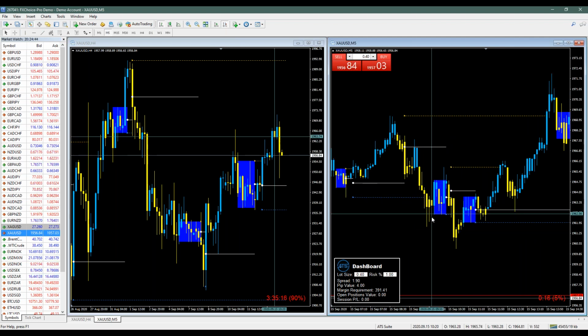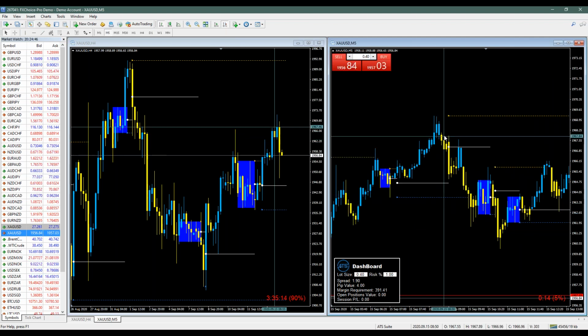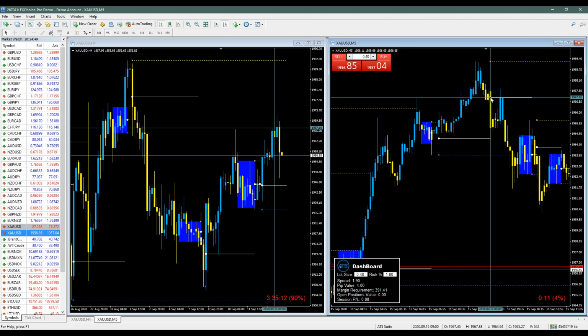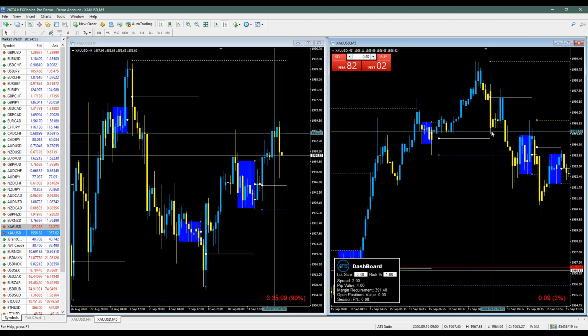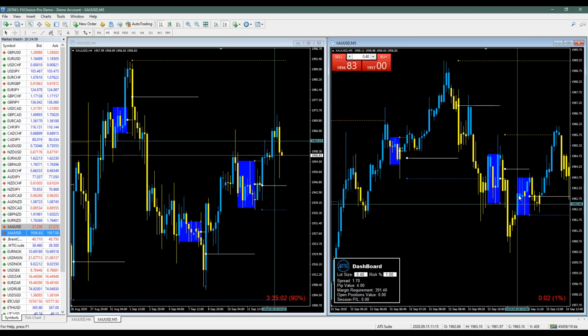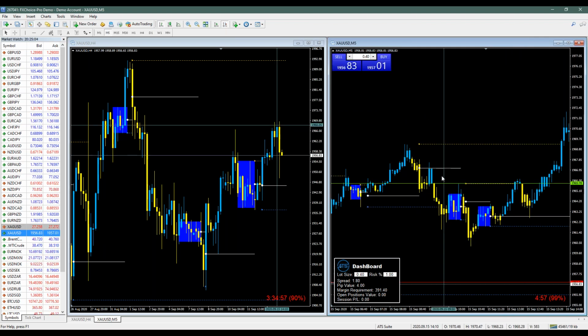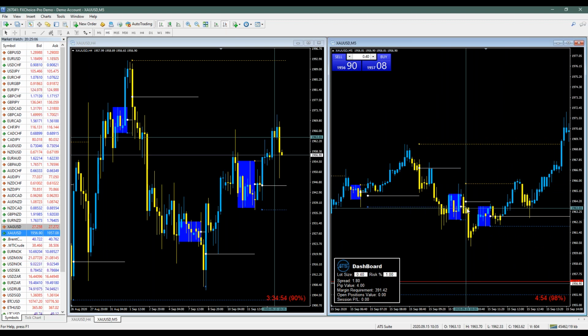But either way, this general area would have been better than seeing this expansion line and trying to take a trade right here. That's what we're really trying to avoid. When we're in an expand low, we're looking for a general area to go and enter the market. So that's kind of where this can help you.